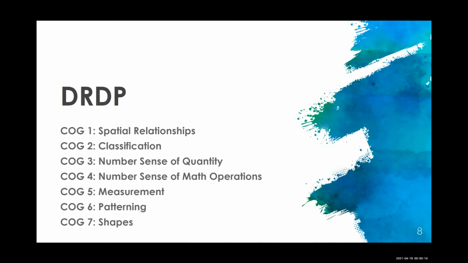First of all, we're talking about COG 1, which is spatial relationships, where the child increasingly shows understanding of how objects move in space or fit in different spaces. Then we've got classification, where the child shows an increasing ability to compare, match, and sort objects into groups according to their attributes. COG 3, number sense of quantity, where the child shows developing understanding of number and quantity.